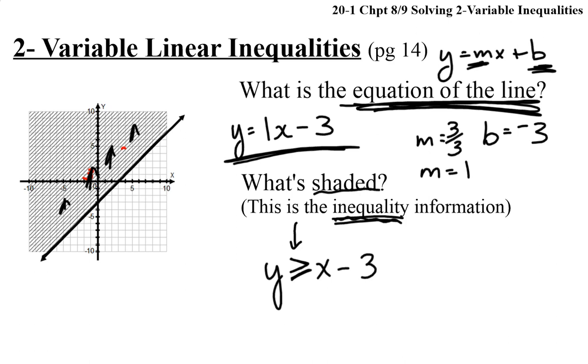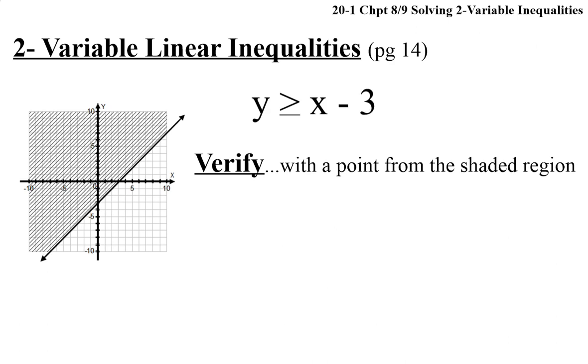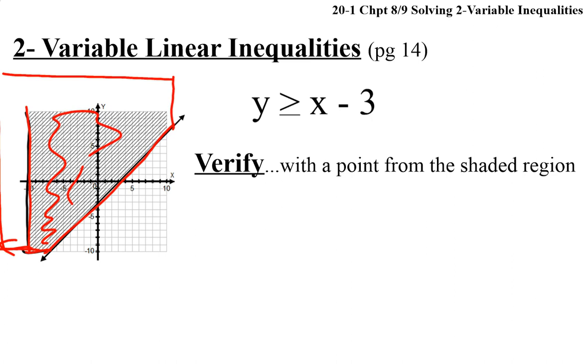Now, how does this work in being our solution? This is where we can verify. Any point within this shaded region, and it extends technically forever, is a potential solution. So we pick any point from within that solution. What's a nice easy one to work with? 0, 0. So y is greater than or equal to x minus 3.